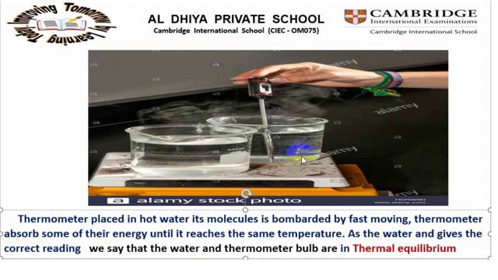The water and the thermometer bulb are in thermal equilibrium. What is the meaning of thermal equilibrium? Thermal equilibrium describes the state of two objects, the object and its surroundings, that are at the same temperature, so there is no heat flow between them.